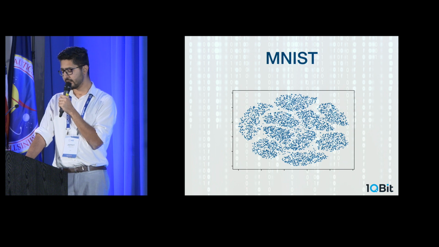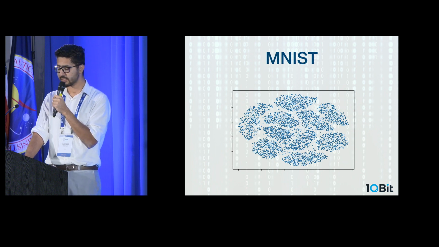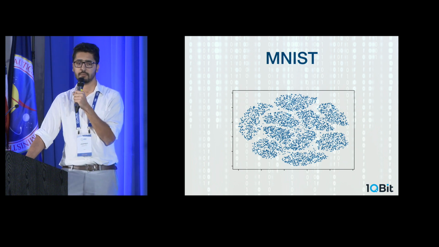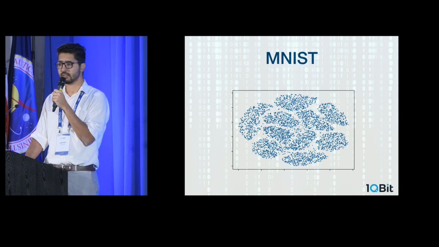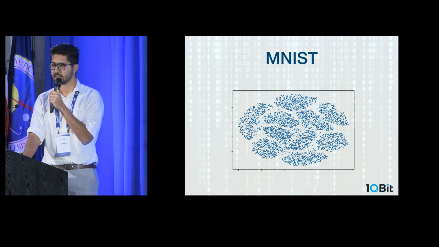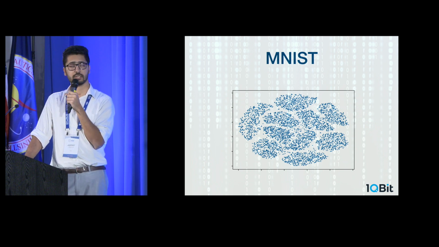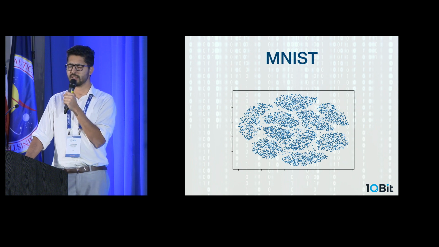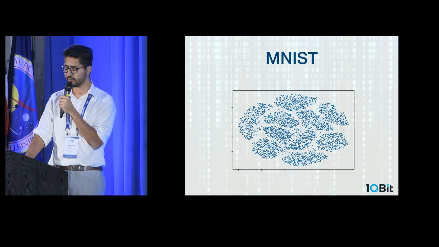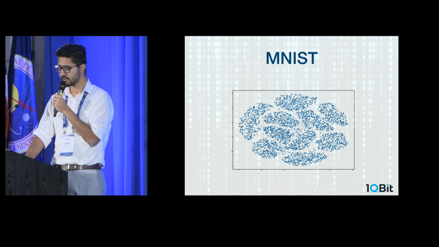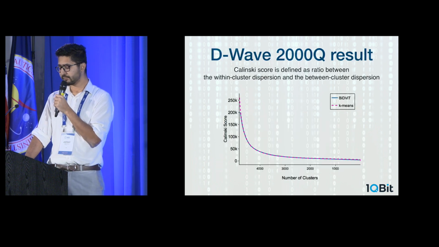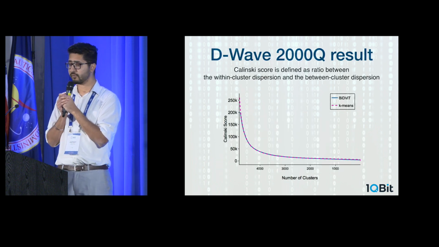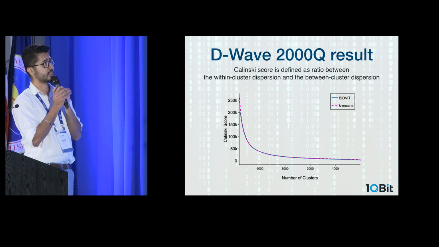So how did the results look? Seems all good. We actually picked up a data set that's used a lot in benchmarking clustering algorithms. This is the MNIST data set, handwritten digits. We don't have all the points here, as the data set actually has 70,000 points, but we chose 5,000 points. Now, the results we have here are from the D-Wave 2000Q machine.